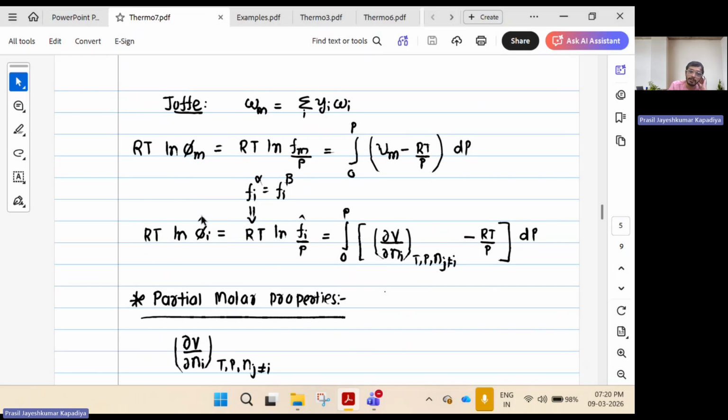So ln phi i cap, the partial molar fugacity coefficient of the mixture, will be equal to Fi cap by yiP, that is the partial molar fugacity of component i in the mixture divided by yiP, will be equal to the integration from 0 to P of the partial molar volume minus RT by P.